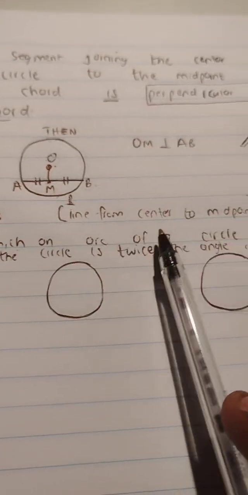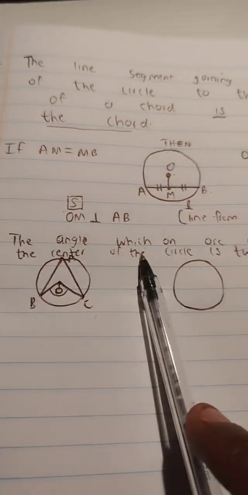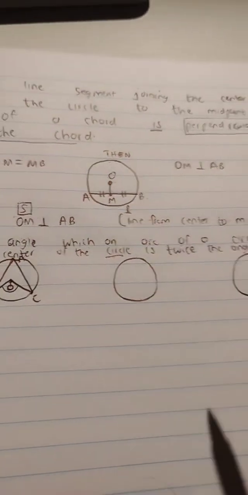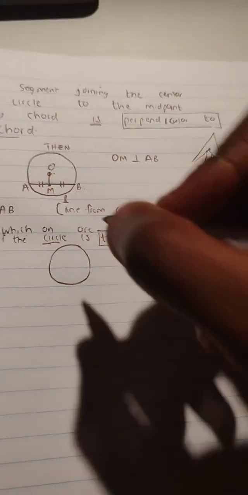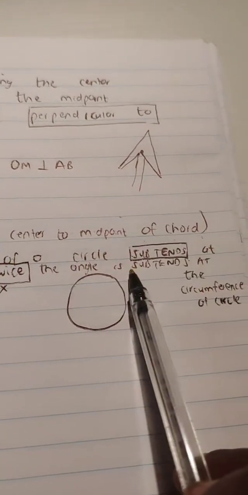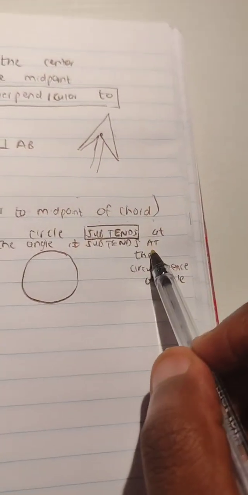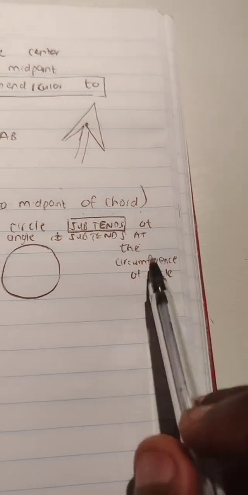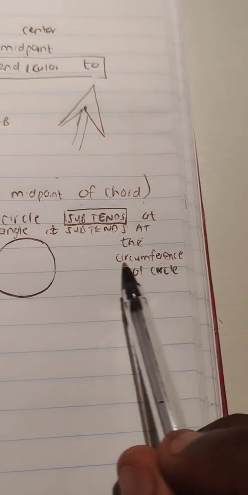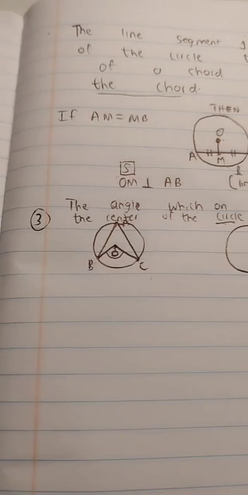The angle which an arc of a circle subtends at the center of the circle is what? Is twice. What does twice mean? Twice means 2 times. It's twice the angle it subtends at the circumference of the circle.